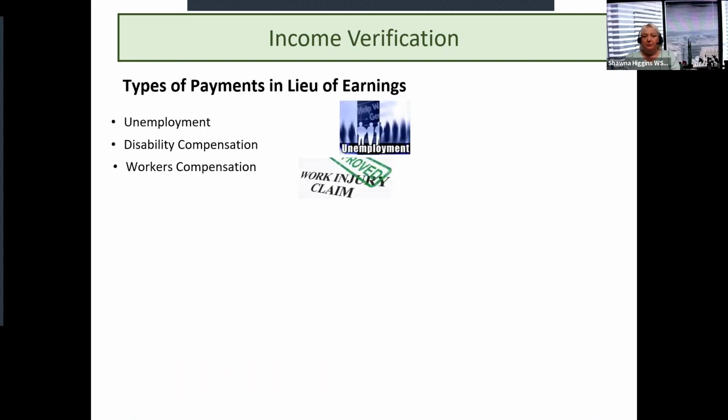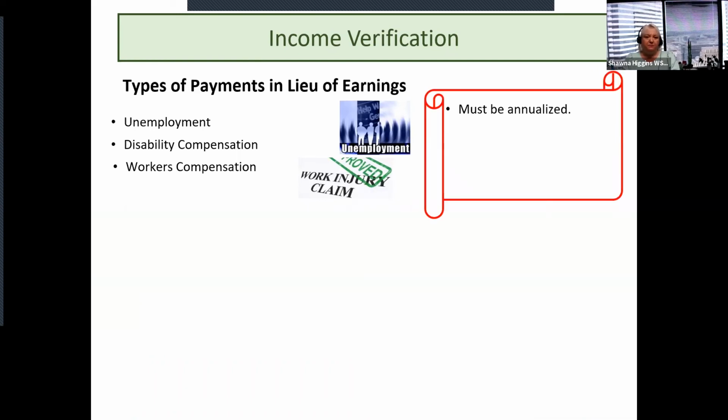So types of payments in lieu of earnings. All right, so there's unemployment, disability compensation, or workers' compensation. This must be annualized. So for instance, unemployment only goes for a certain amount of time, but it can be extended. So you always want to take unemployment and annualize it, unless you know that they're going to be going back to work on a certain day and it's documented.